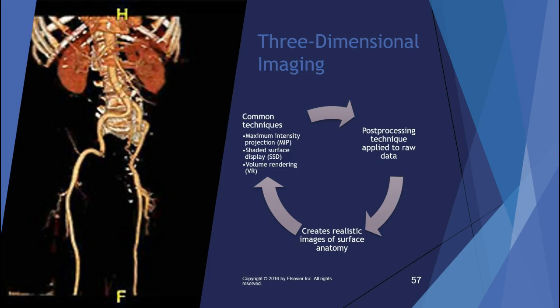So, matter of fact, you know how you have CT protocols to scan patients, you also have protocols of what to do with post-processing. So that's usually done by the 3D lab, done right after the patient has been scanned or within the next day or so. Okay, it creates realistic images of the surface anatomy.